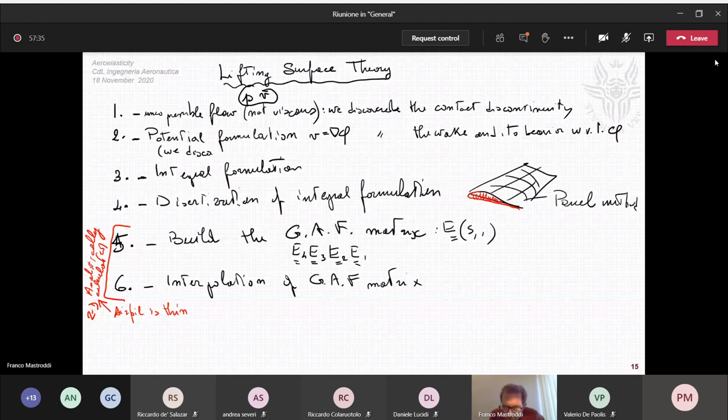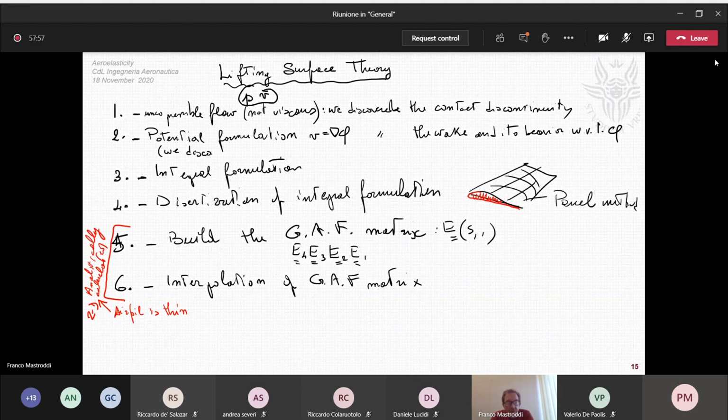We can consider also wings with thickness and a blunt body, a fuselage, and any kind of body, and the bluntness of the body is modeled by the source distribution in our integral formulation.